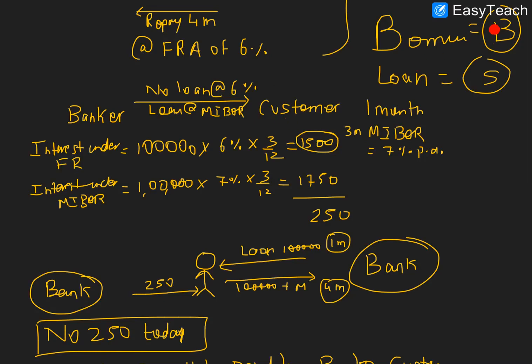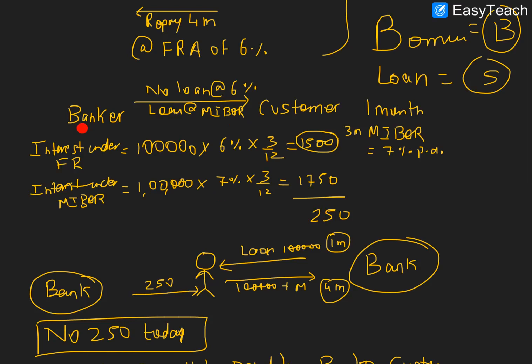Since he has bought the FRA at 6% and now the market rate of interest is 7%, obviously the customer is in a profitable situation, because he has bought at a lower price and now the price is higher. He has bought at a lower rate of interest. Now the rate of interest is higher, and therefore we said he is gaining 250. So he has bought earlier and now he is settling it, so therefore he is gaining.